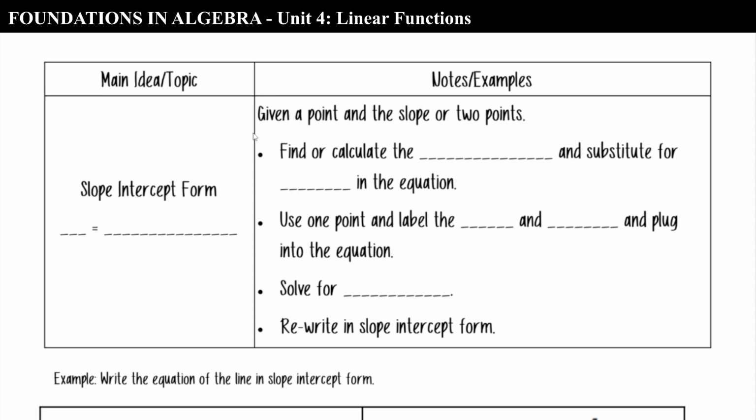Just as a reminder, we talked about slope-intercept form in the last section. It is y equals mx plus b. The slope is fairly straightforward. You're either going to have to find or calculate the slope and substitute it in for m in the equation.